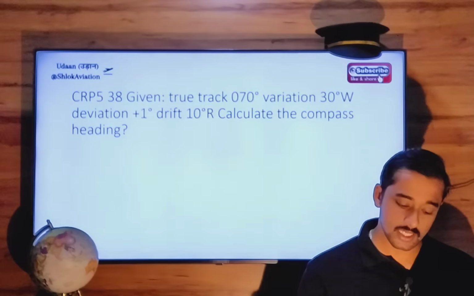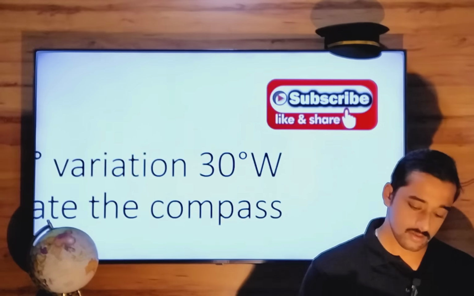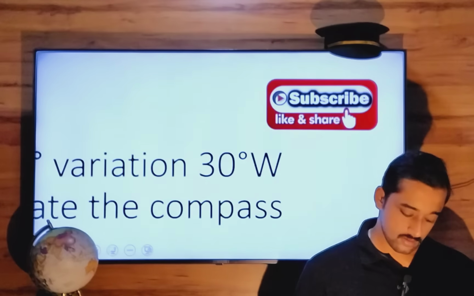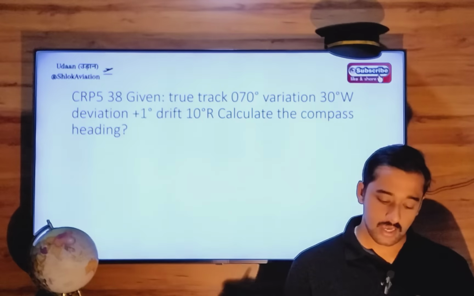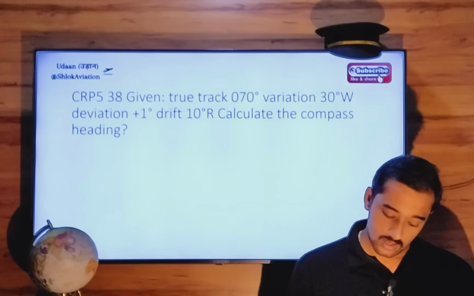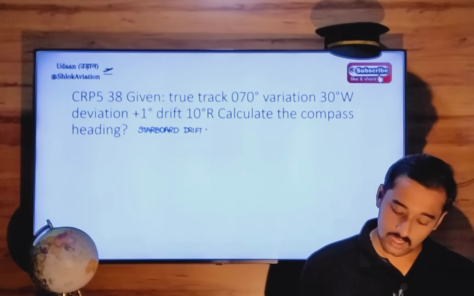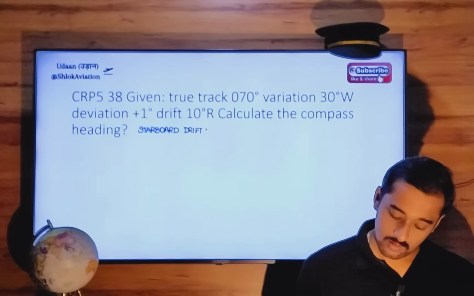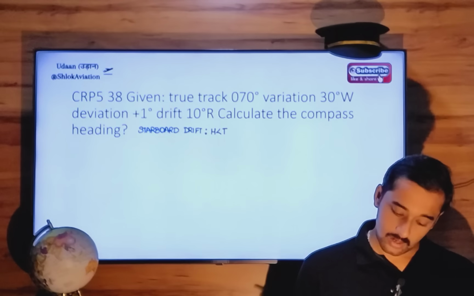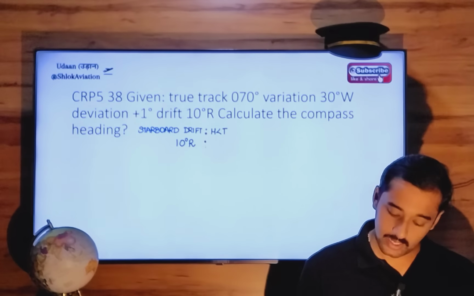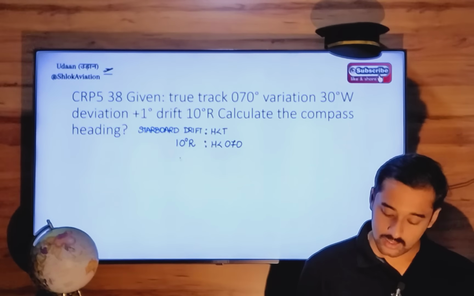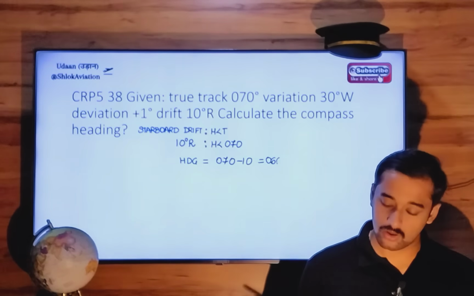Question 38. True track is given to you. Variation is there. Deviation is there. Drift is there. What is compass heading? Again, starboard drift. Heading is less than track, right? So 10-degree right is your starboard drift. Heading is less than 070. So heading will be equal to 070 minus 10, 060.